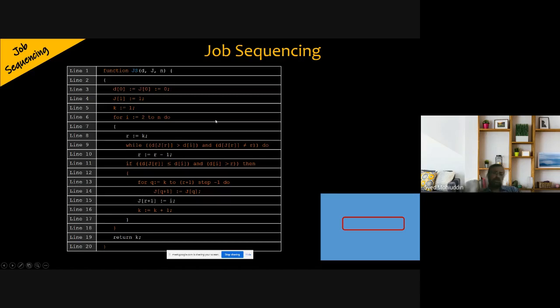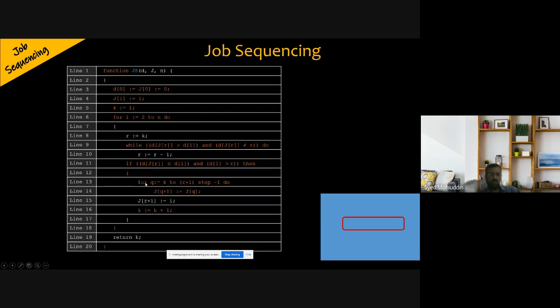So in this algorithm, there is a for loop. This is going to run for n times. This while loop at most will run for n times, and this is an if condition. Within this we have a for loop. So at most this also may run for n times. So the while and the for, these two are not nested loops, but for 2 to n and while is nested, as well as for.